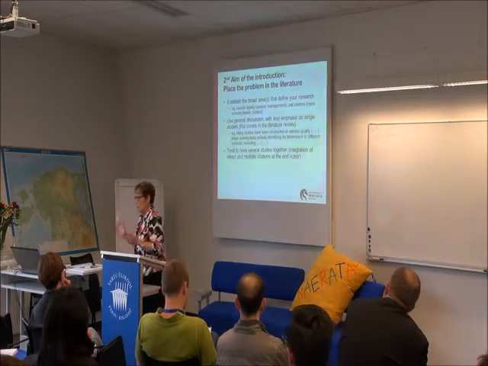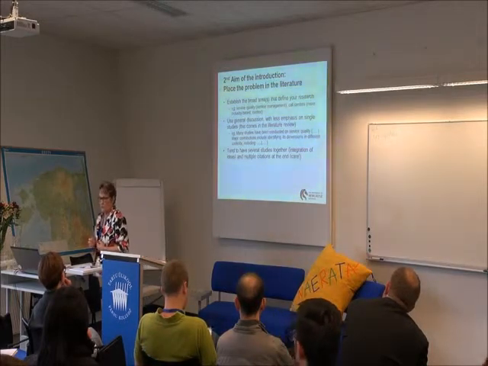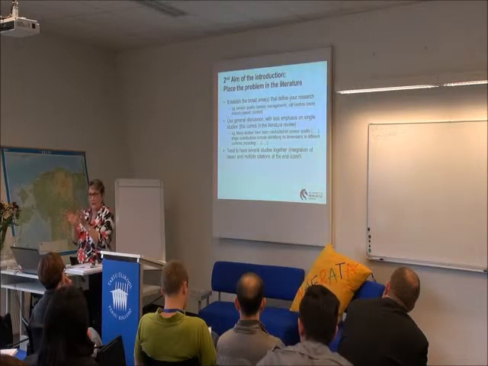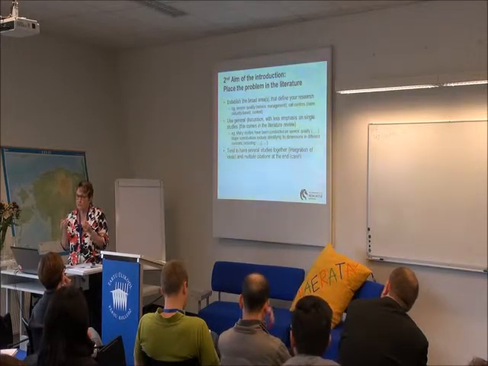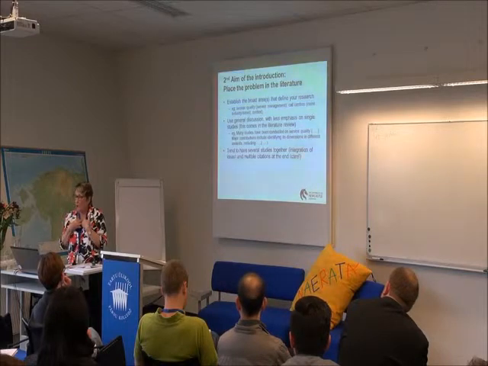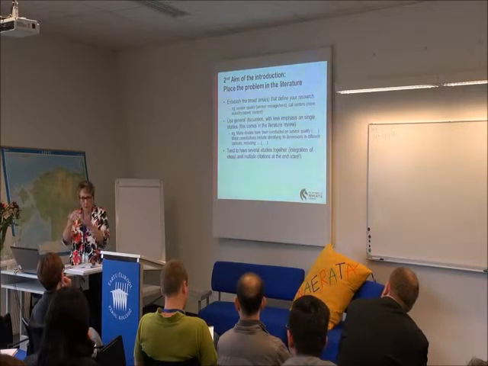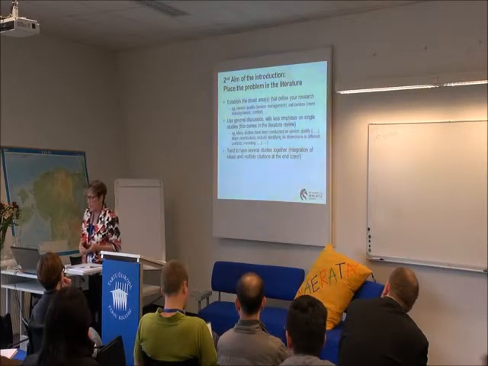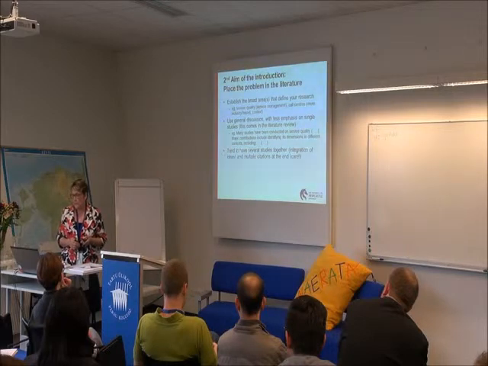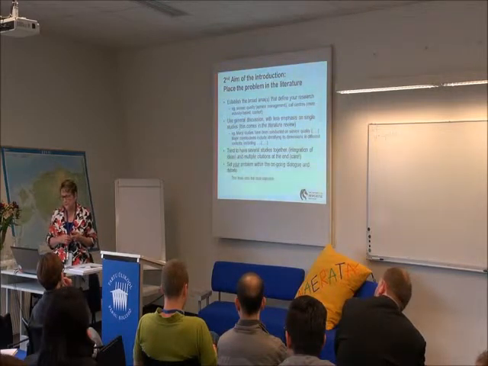It's not often that you will have 15 citations in a row. You might want to make a point to say there's been a lot of work done, but the idea of citations is that when I read it, I can go to those articles and find out more if I want to. So it is proving that you've done it, but it's also enabling other people to get in and have a look.